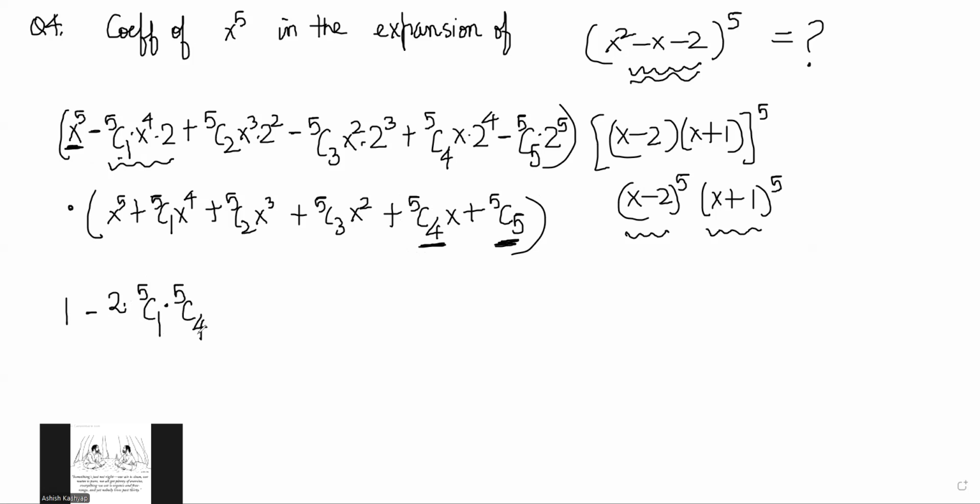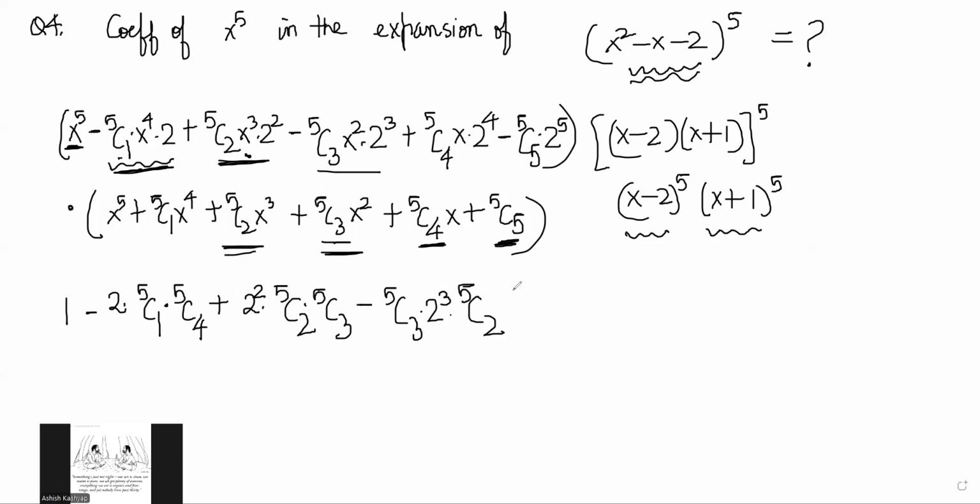There is no other way in which you can get an x power 5 using this term. So that's it. Then you have 2 square 5c2. This is x cubed, so you have to multiply it with 5c3 here. So this and this combine to give an x power 5. Then you have a minus 5c3 2 cube multiplied with 5c2.